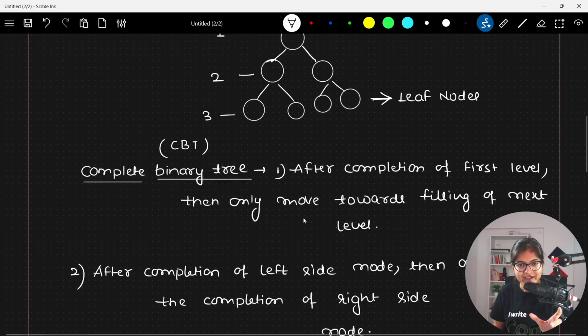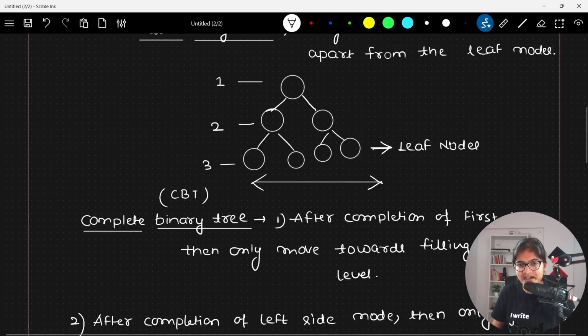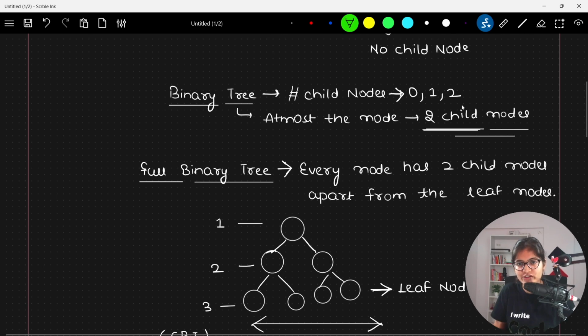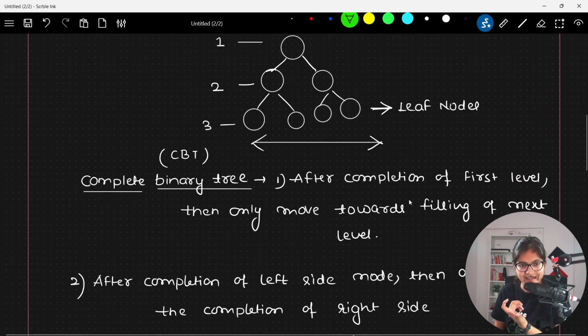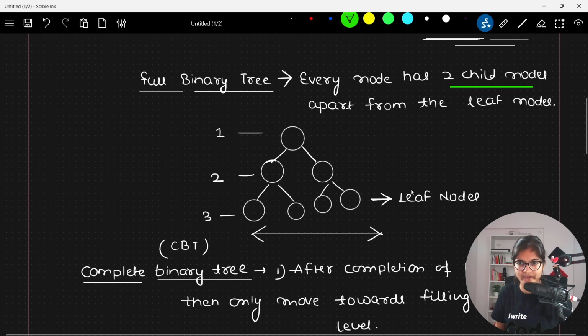It says that either I will have all the nodes completely filled up, meaning every node will contain 2 child nodes, or it can contain maybe 1 child node as well. That is pretty much fine for me. So it gives more flexibility. A complete binary tree gives more flexibility compared to the full binary tree.